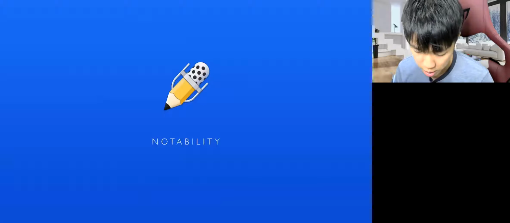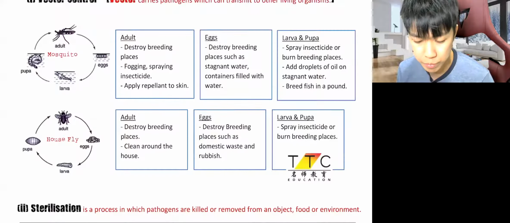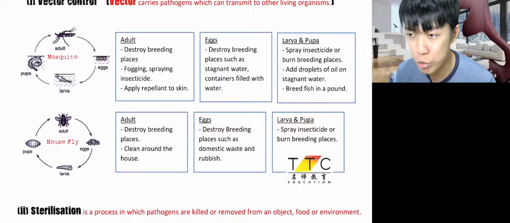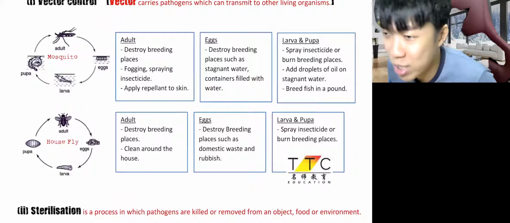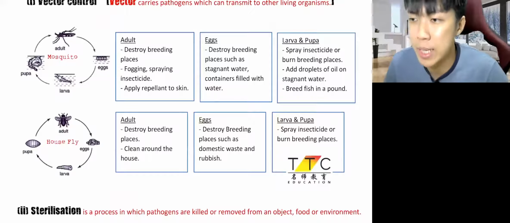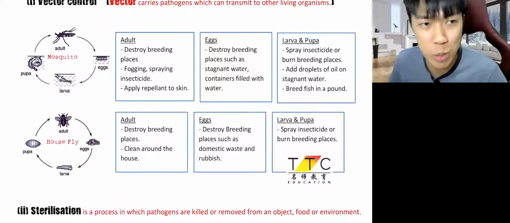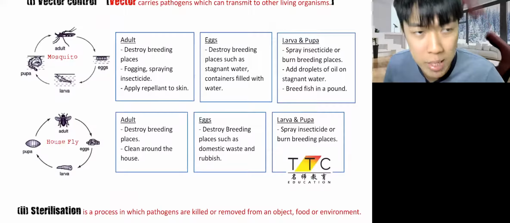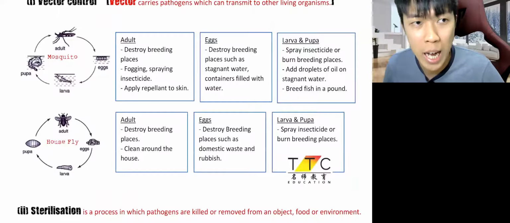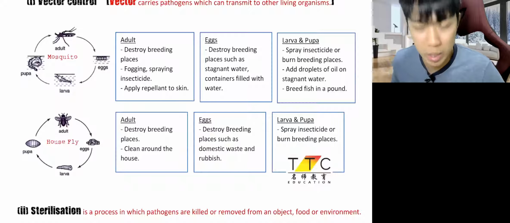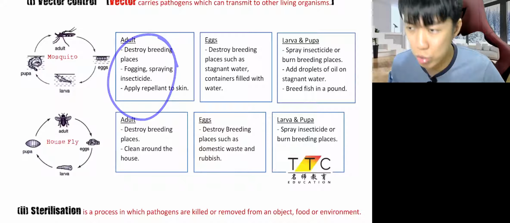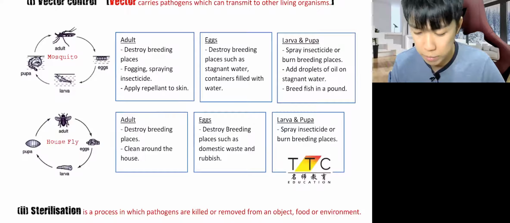So, let me show you. I think I still have the material with me. There you go. Everybody, you choose. Cell tox, that means spray insecticide. Yes, correct. Use a mosquito net. Okay, acceptable. Fogging. You don't say pour away the water and stuff like that. That's not applicable for adult, by the way. Okay, you choose what you want.